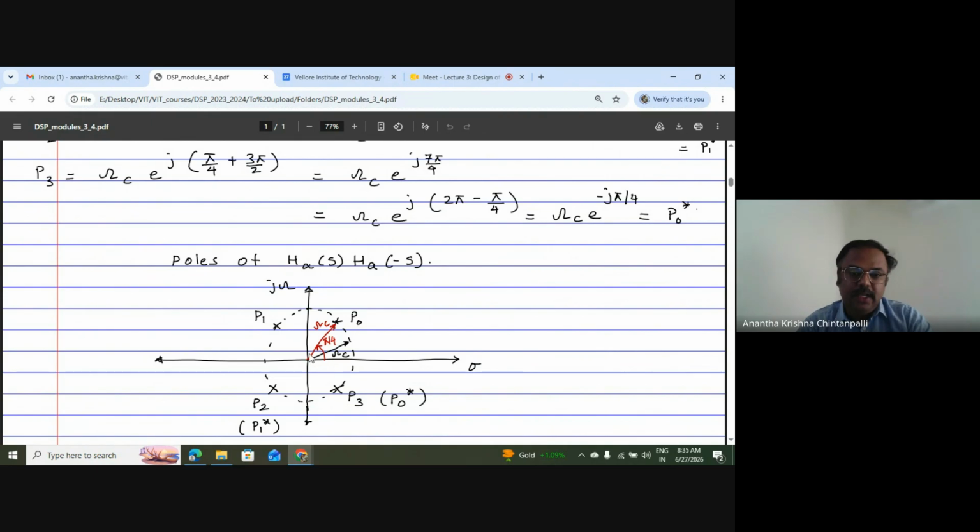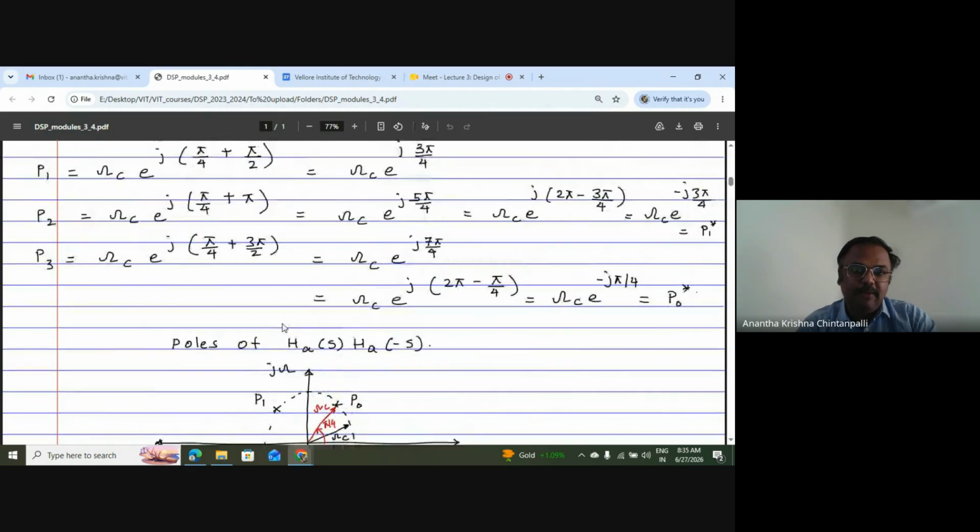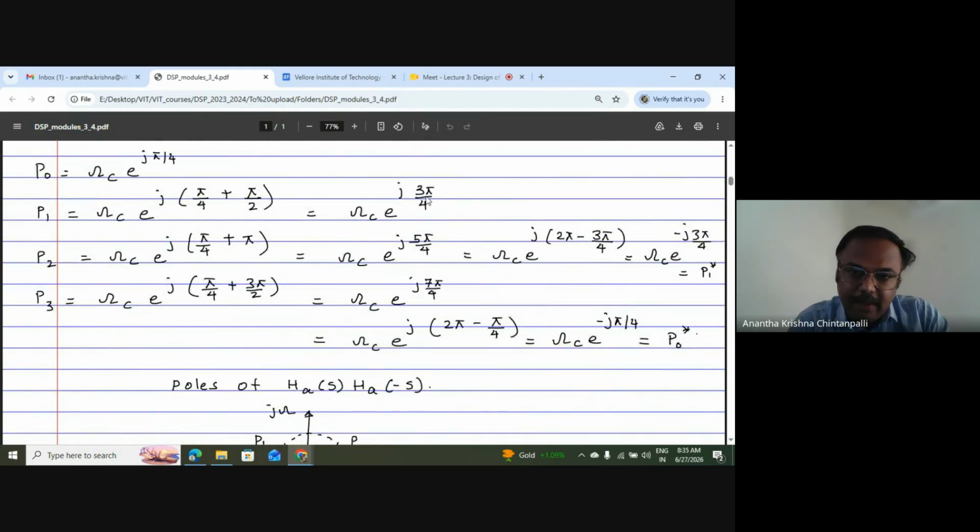So the radius is omega c, okay, and then the angular location for p0 is pi by 4. Now if you add pi by 2, then what will happen? This will become pi by 4 plus pi by 2, which is 3 pi by 4.